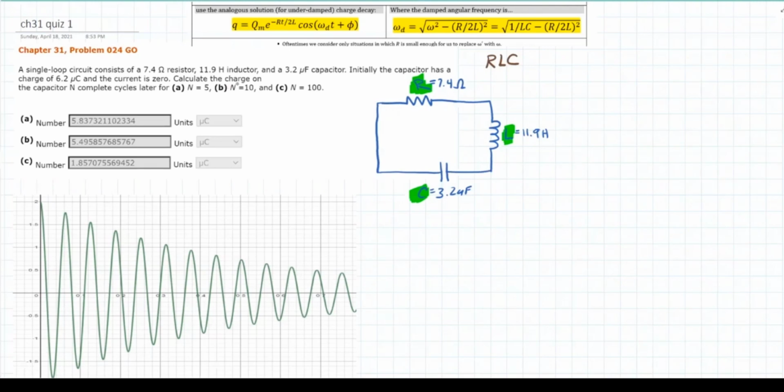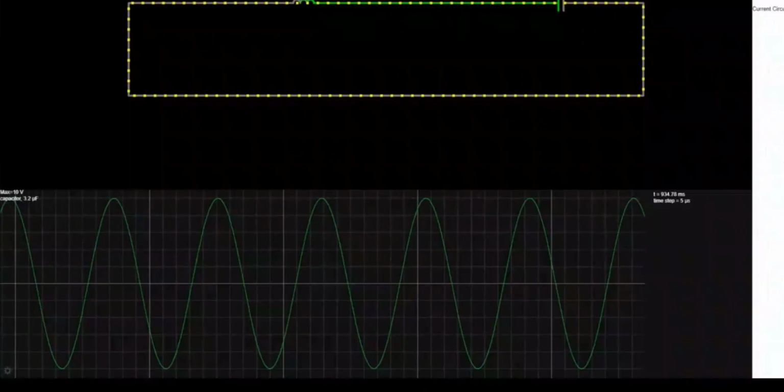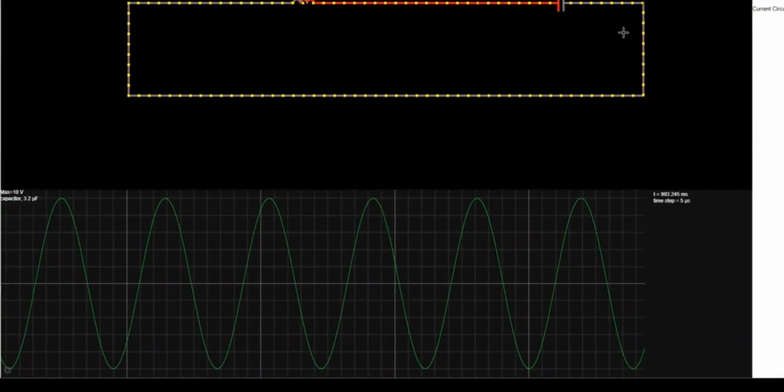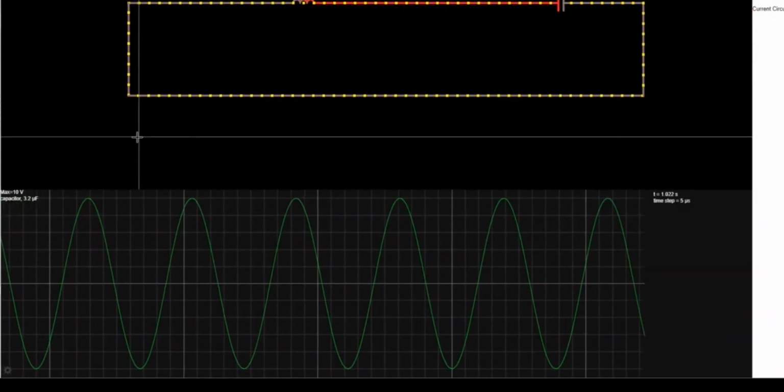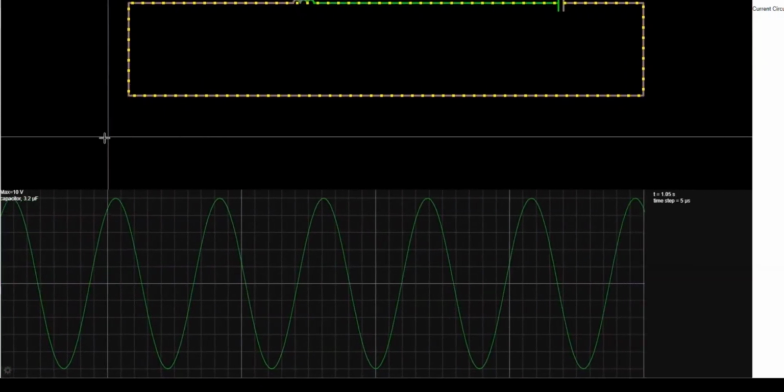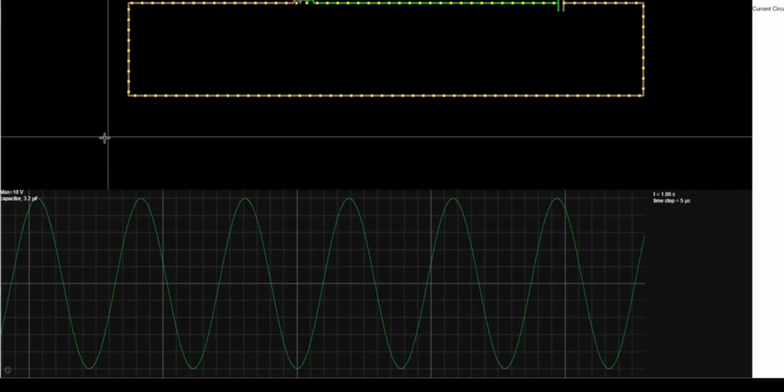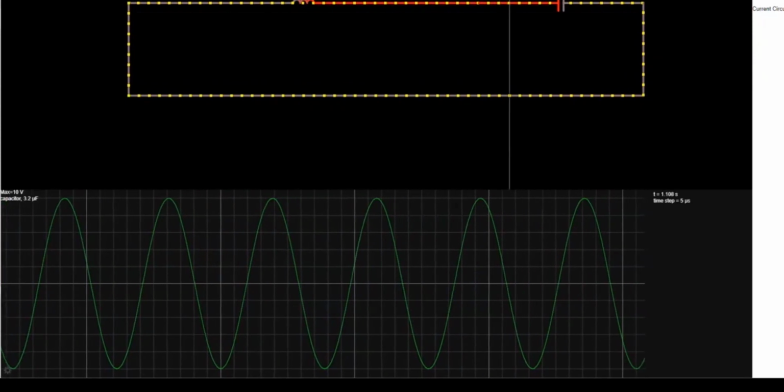So this is what happens in a perfect world. We never have resistance in a perfect world. There's no resistance. There's no cloudy days, no social unrest. It's just pure sailing, no resistance. And you have this. This is an LC circuit.